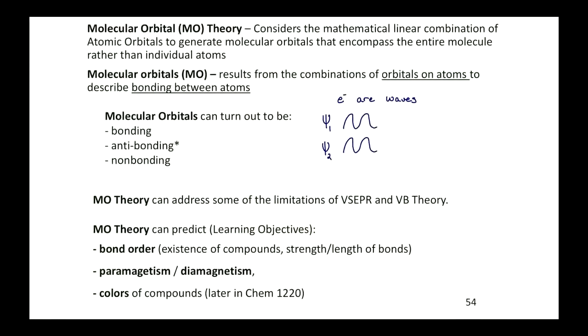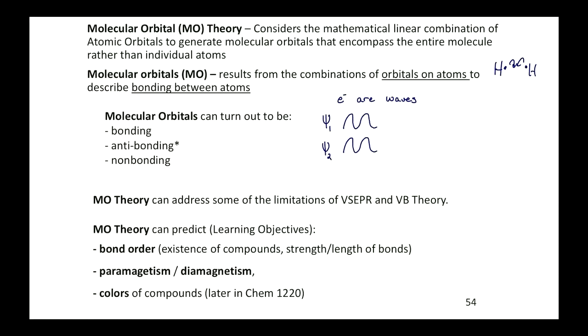All right, MO theory. Let's tell the story of the electron. In Lewis structures, we treated electrons as dots. There's a bond: two unpaired electrons come together, they share, they form a bond. That's Lewis structures, the simplest.